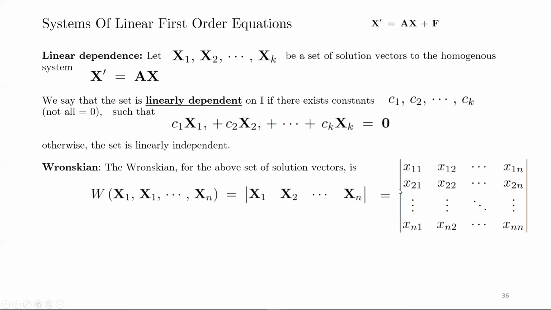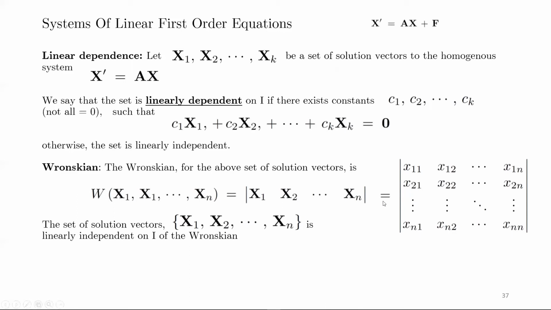Just to be clear, the first column here is the first solution vector x1, the second column is the solution vector x2, all the way through to xn, or xk in this case, but we'll use n.